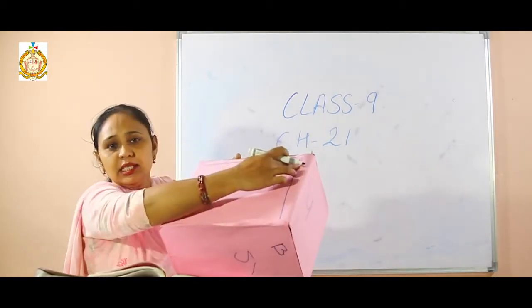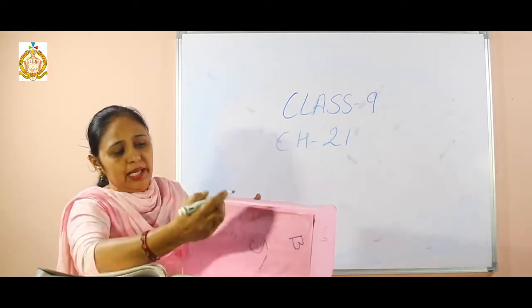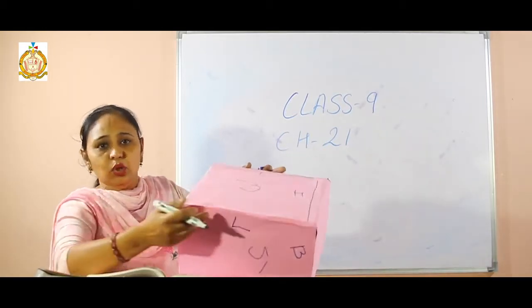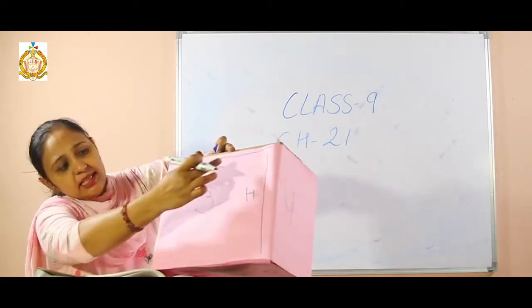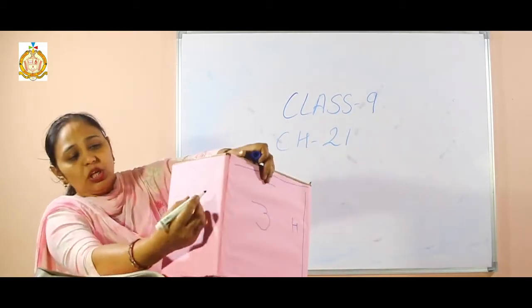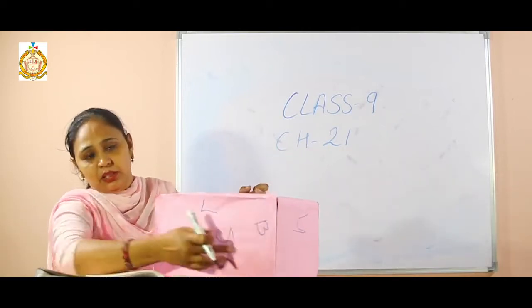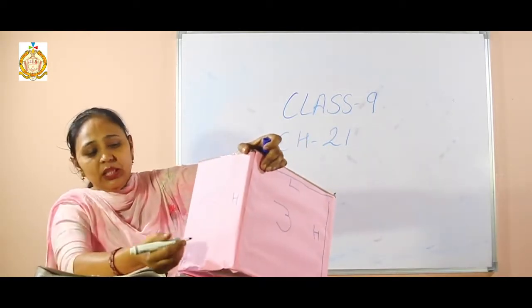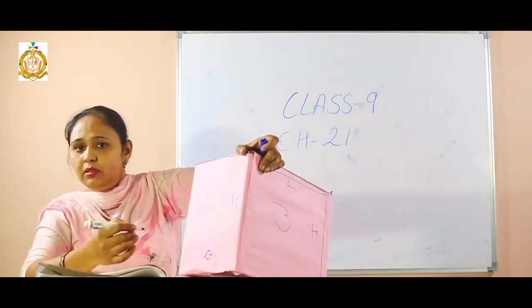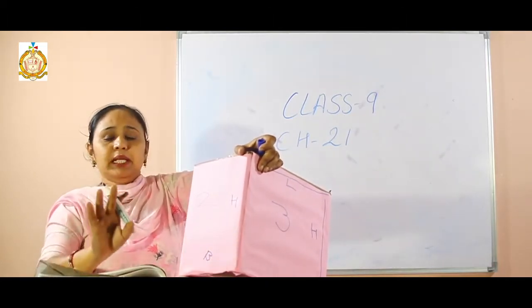Now this is the length, and this is also the length. This I take as height, and this is also height. Now we take this as breadth, and this will also be the breadth. I take all the sides as length, breadth and height.